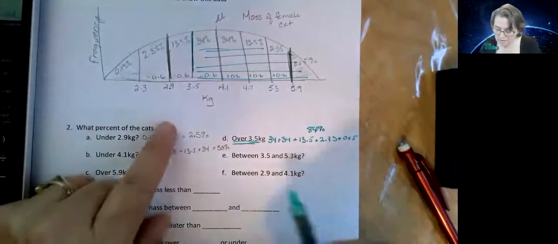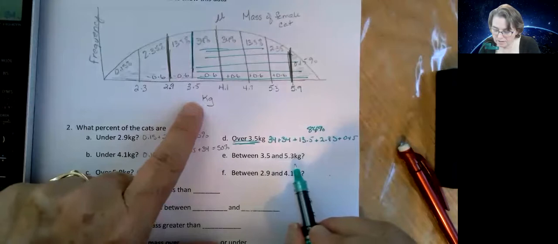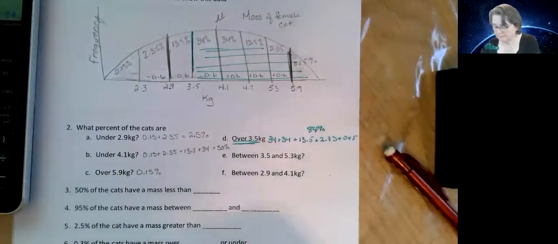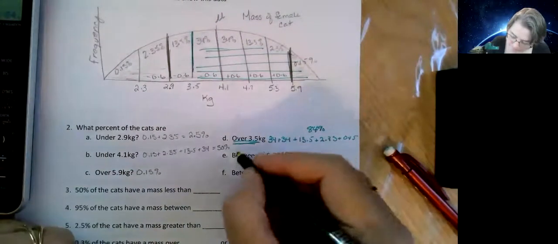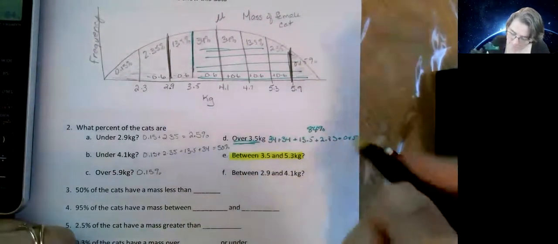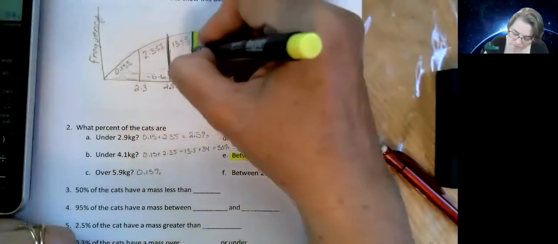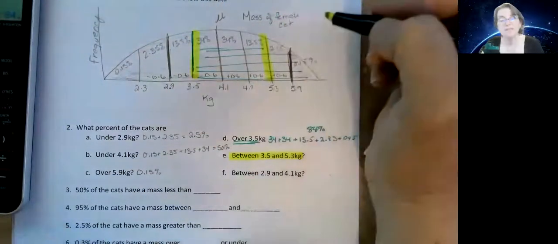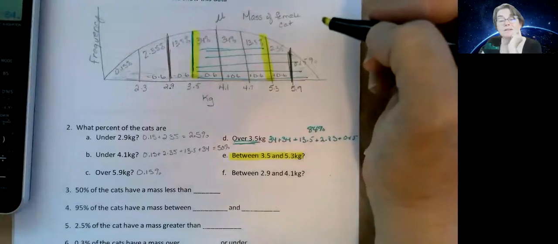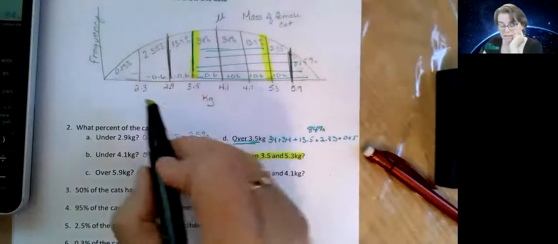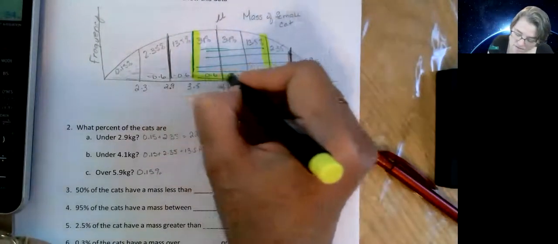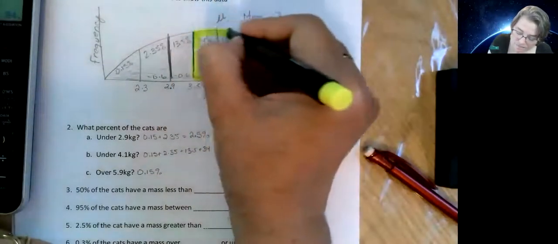Now between 3.5 and 5.3. Starting to run out of color. I'm going from 3.5 to 5.3. So you can see with these questions how incredibly important it is to get those numbers across the bottom right, because if they don't match up, it's not going to be cool.